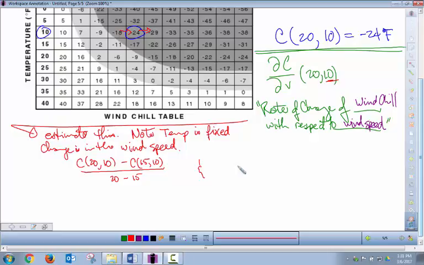And then we'll look at the change from 20 miles per hour to 25 miles per hour. So C of (25, 10) minus C of (20, 10) divided by the change in the wind velocity, which is 25 minus 20. Okay?